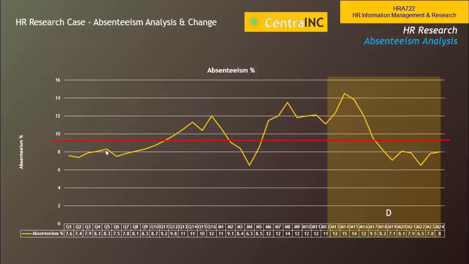How do I explain these peaks? See these ups and downs, these peaks and these valleys, these points up and down. How do I explain those? There's something there. Can I predict a pattern, a cyclical thing? So if I can do that, I can control it going forward. And we'll probably talk about the control group method as well. Just a little extra for the HR research world, which I think will help you.